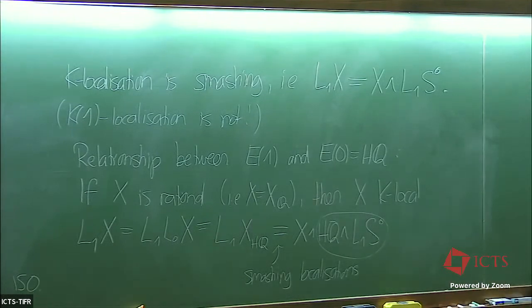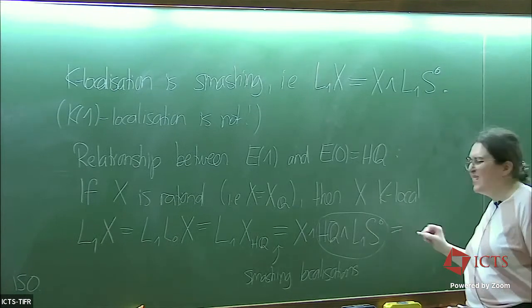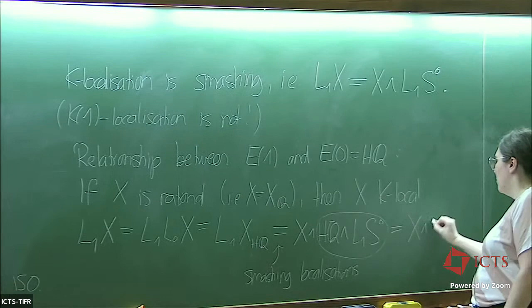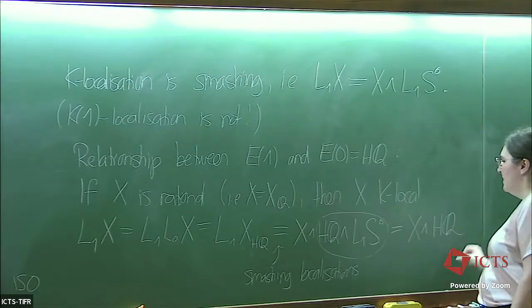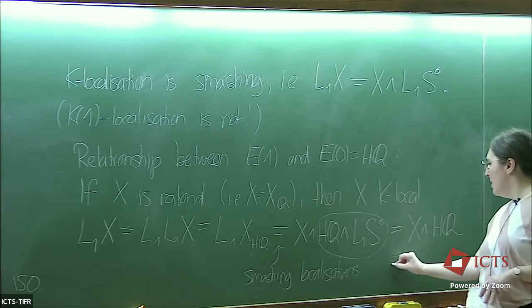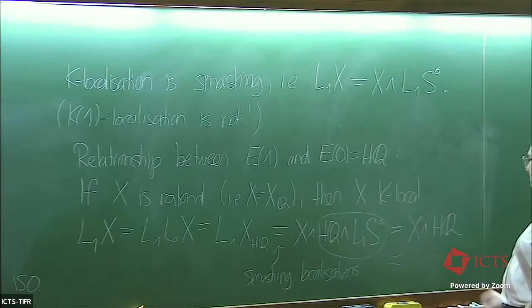So now again, if you knew what the stable homotopy groups of the K-local sphere were, you would know that actually, just as with a non-local sphere, all that survives of it is a copy of HQ in degree 0. And because X was assumed to be rational to begin with, that is just X.